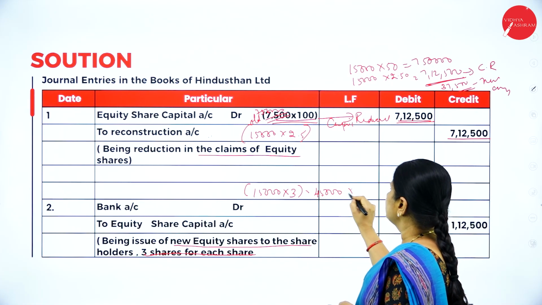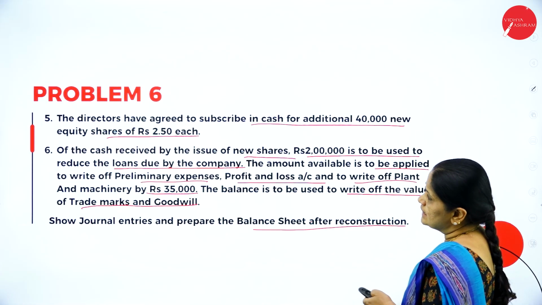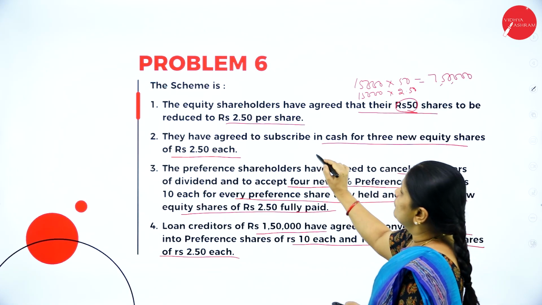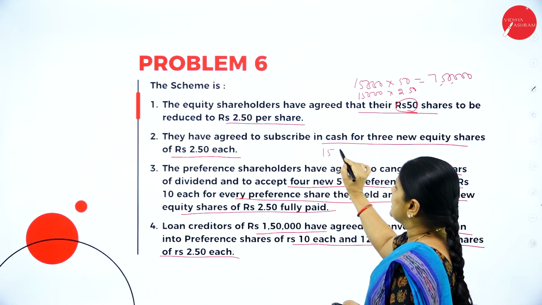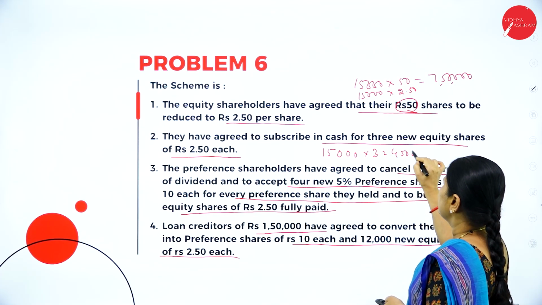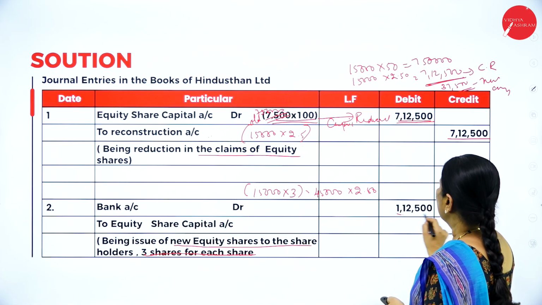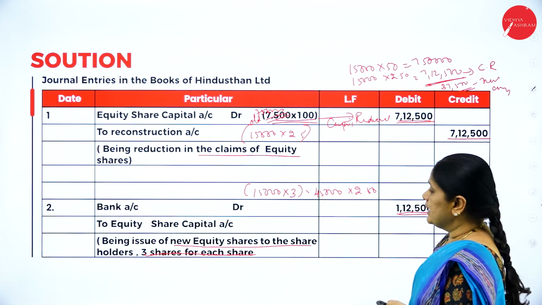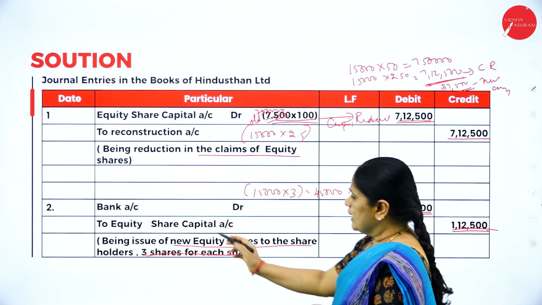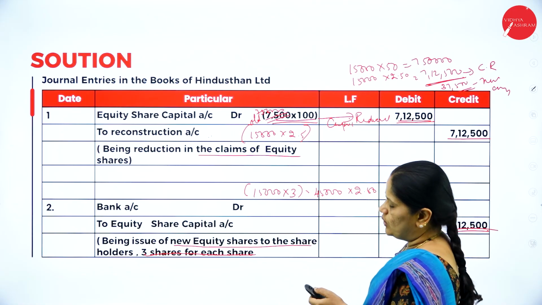So 45,000 into 2 rupees 50 paisa, that will be 1,12,500. To equity share capital 1,12,500, being issue of new equity shares to the existing shareholders.